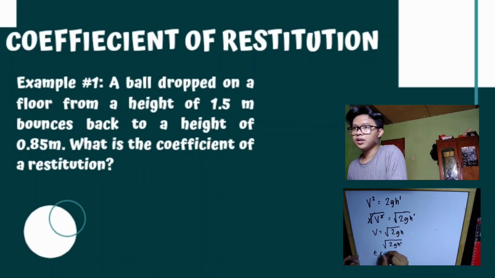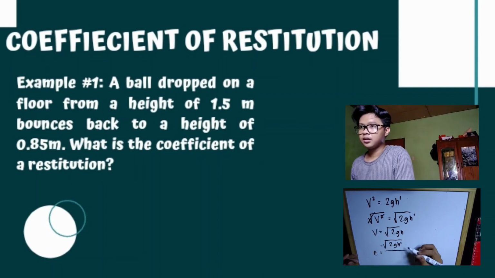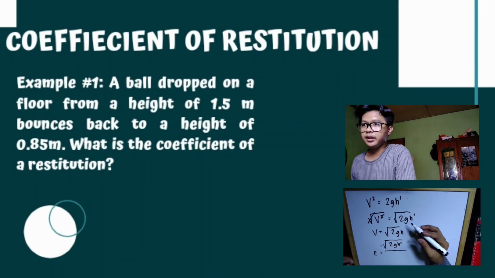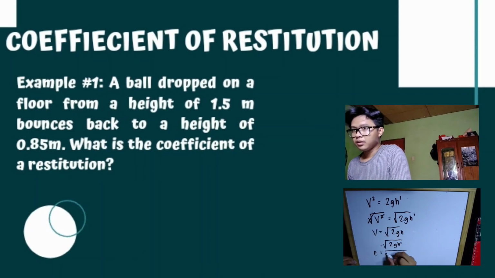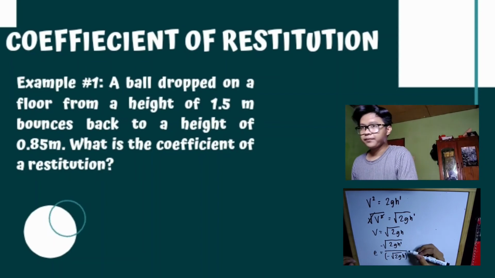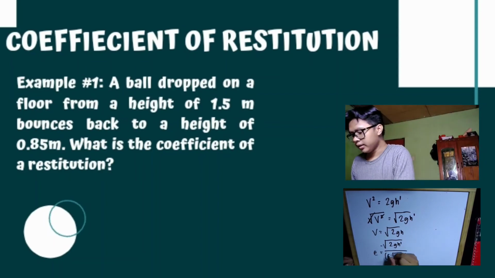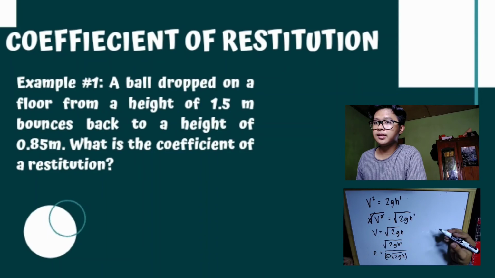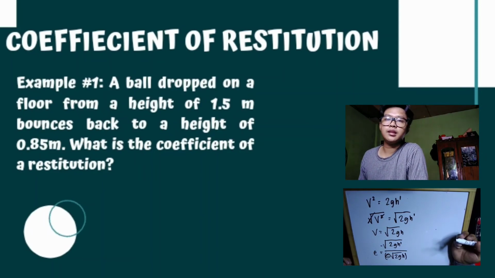So E equals negative square root of 2gh prime over negative square root of 2gh. Again, negative ito kasi downward yung motion before the collision. So, in this equation, pwede natin i-cancel yung negative sign.